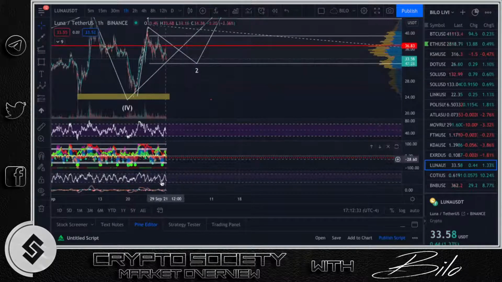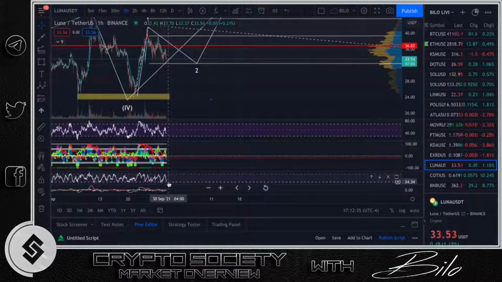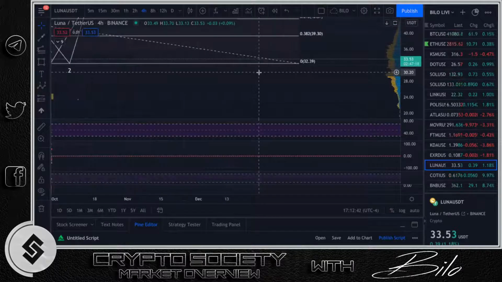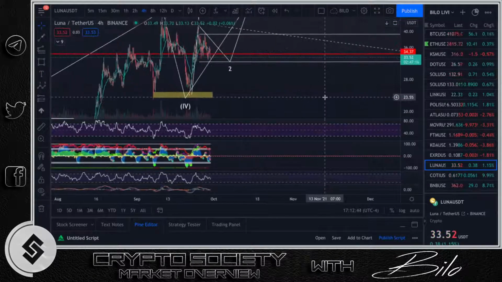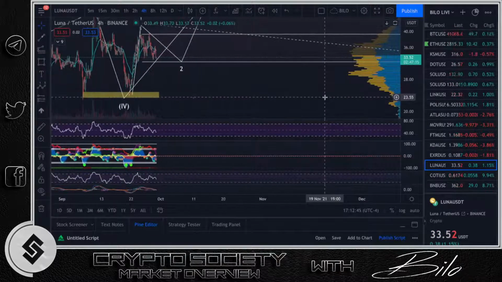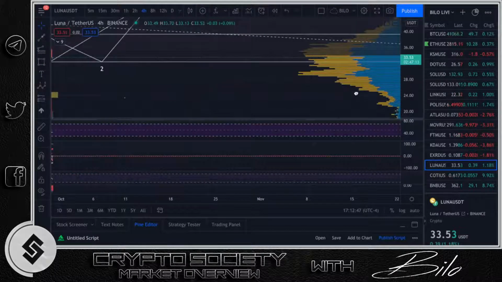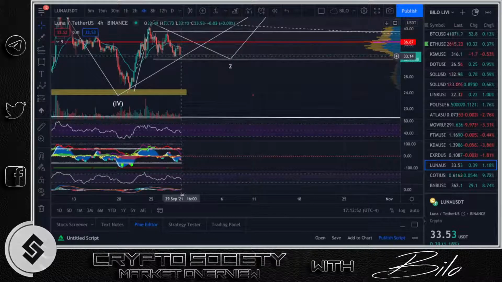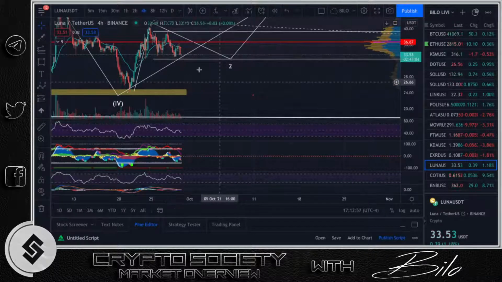Very nice, strong bullish divergence on the hourly. Let me see what we see on the 4 hours. Yeah, there is some bullish divergence on the 4 hours as well. Not as strong as on the hourly.